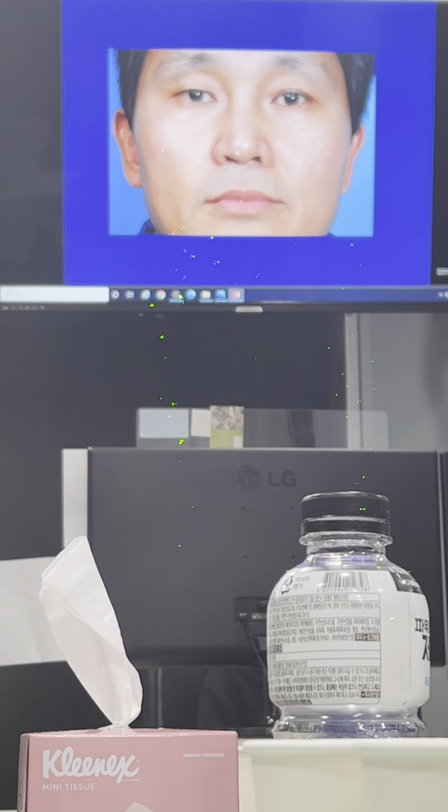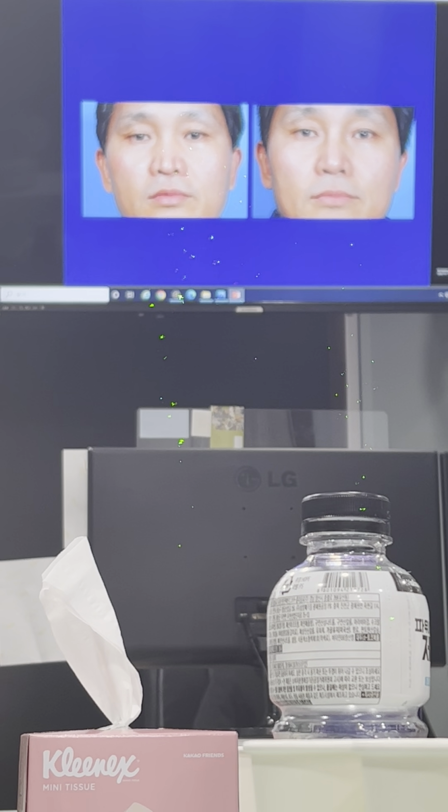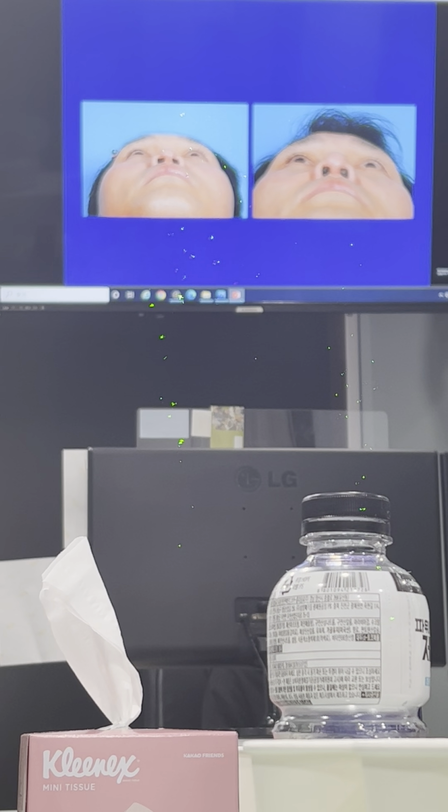Before the operation, this area is depressed. After this technique, it's more convex. After that, I can correct the ala deformity. Can you see before and after? It's more improved. He was satisfied with the result.